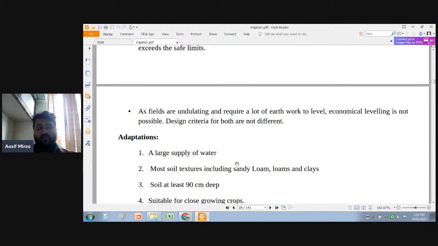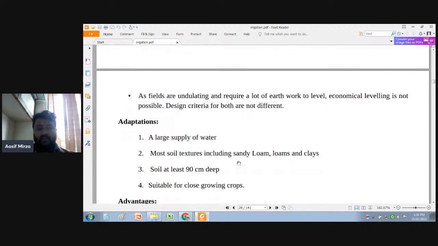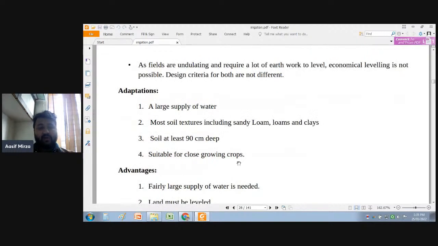A large supply of water. When there is a large supply of water, this method can be adopted. Most soil textures, including sandy loams and clays, soil at least 90 centimeters deep, and suitable for close growing crops. So these are the adaptation points on the basis of which we have to adopt this method. Now, moving toward the next topic, that is the advantages.